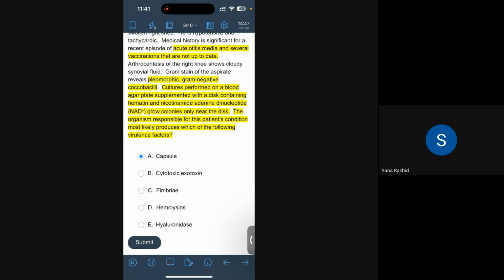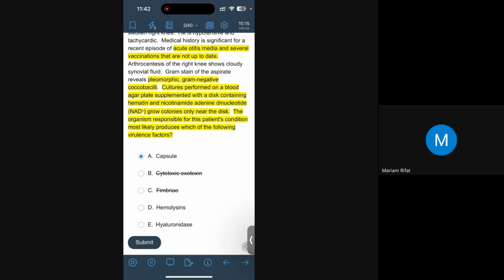Gram positives like botulinum, tetanus, diphtheria. All of these are due to exotoxin, and endotoxins are due to gram negative. Okay, fimbriae. Fimbriae are a virulence factor for which bacteria? Gram negative, E. coli.